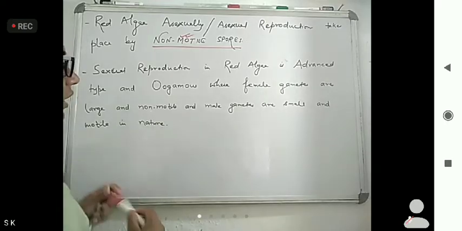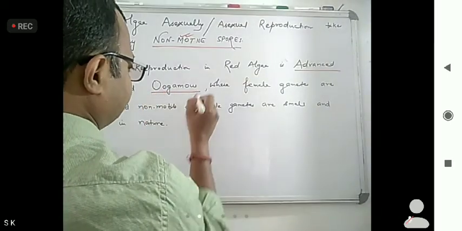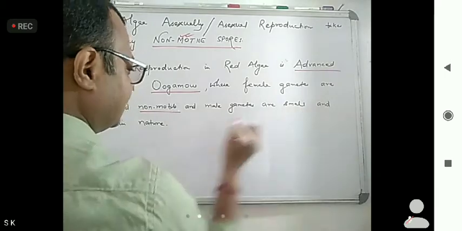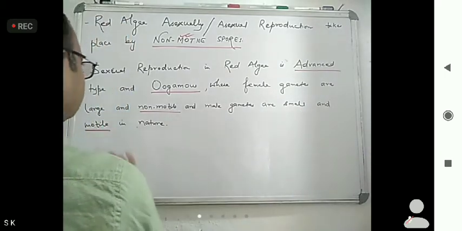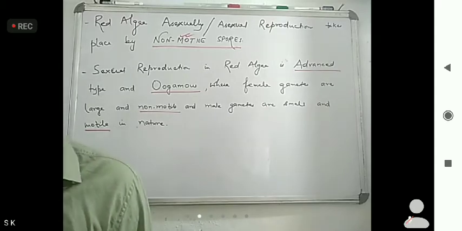What I told, it is advanced and which type? Oogamous type, where female gametes are large and non-motile and male gametes are small and motile in nature. So this is what? Sexual reproduction.